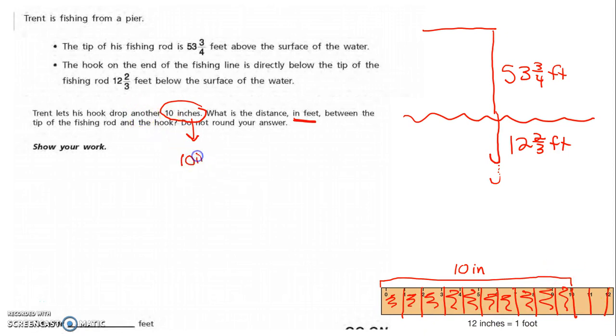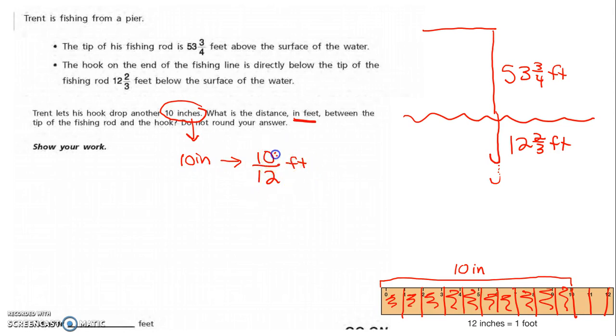So 10 inches is actually 10/12 of a foot because there's 12 inches in 1 foot. So it's almost a whole foot, but not quite. And I could simplify 10/12.